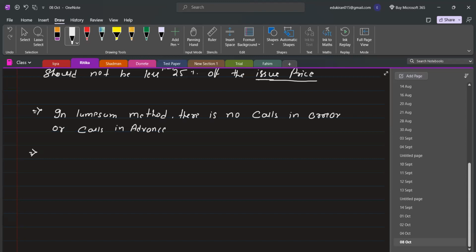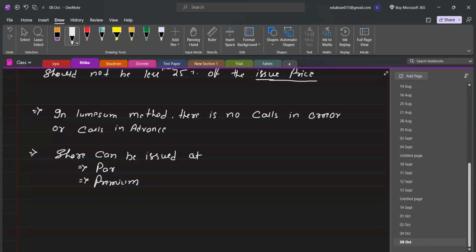Actually, no. We cannot issue share at discount. So share can be issued at par or premium.